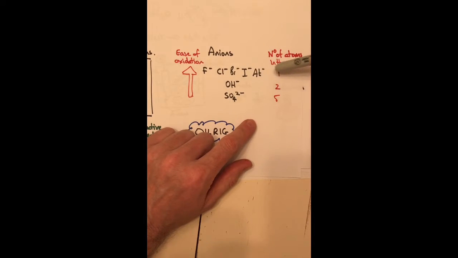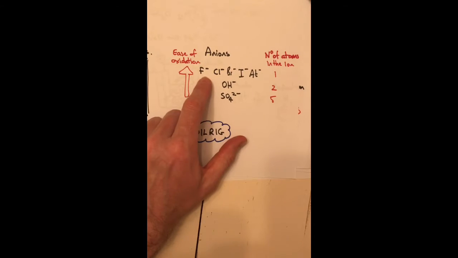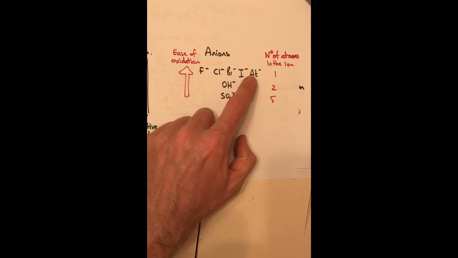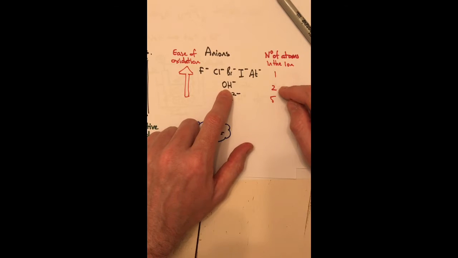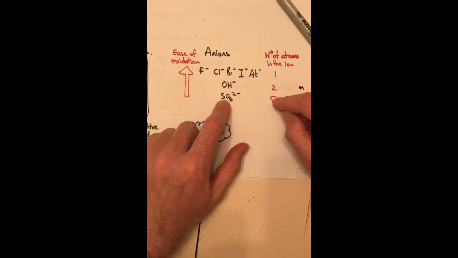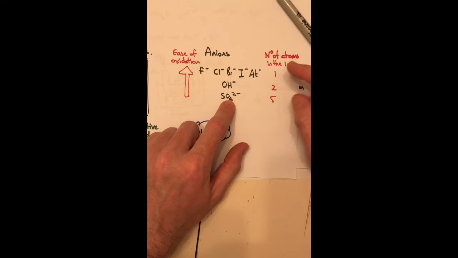Now if we count up the number of atoms in each of these ions, we can see that all of these halide ions contain 1 atom in the ion. Hydroxide contains 2, 1 oxygen, 1 hydrogen, and a sulfate contains 5, 1 sulfur, 4 oxygens. So the number of atoms is 1, 2, 5 inside these ions.